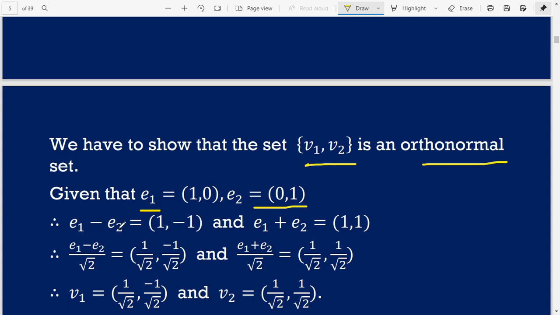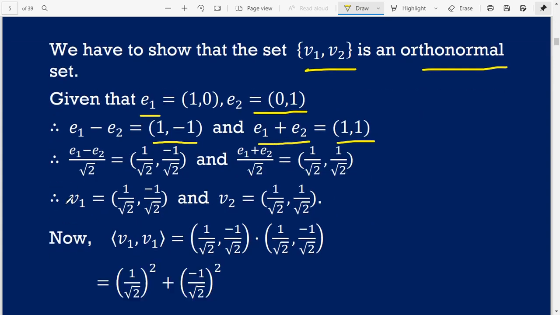So E1 minus E2 is equal to (1, minus 1) and E1 plus E2 is equal to (1, 1). Now (E1 minus E2) upon under root 2 is equal to (1 upon under root 2, minus 1 upon under root 2) and (E1 plus E2) upon under root 2 is equal to (1 upon under root 2, 1 upon under root 2). So this is V1 and this is V2.